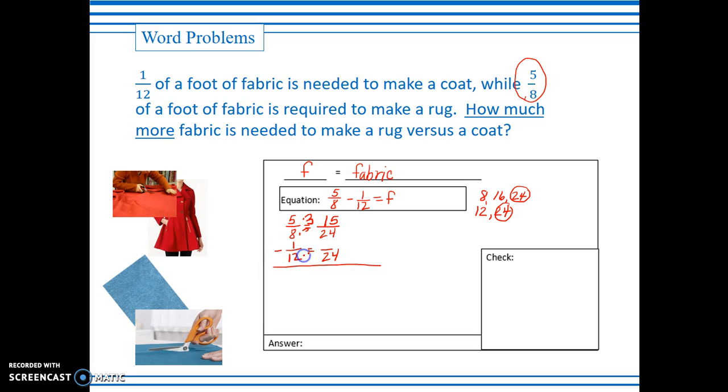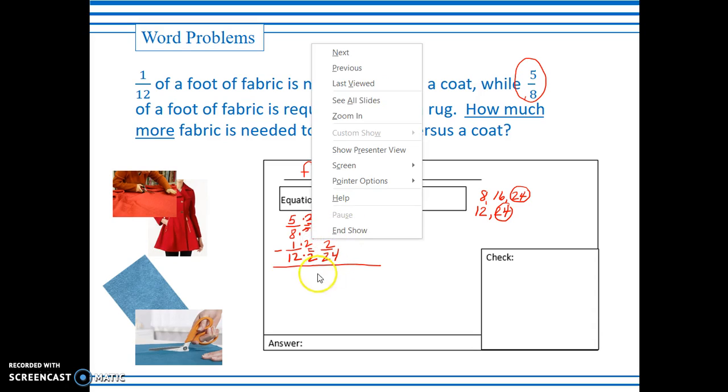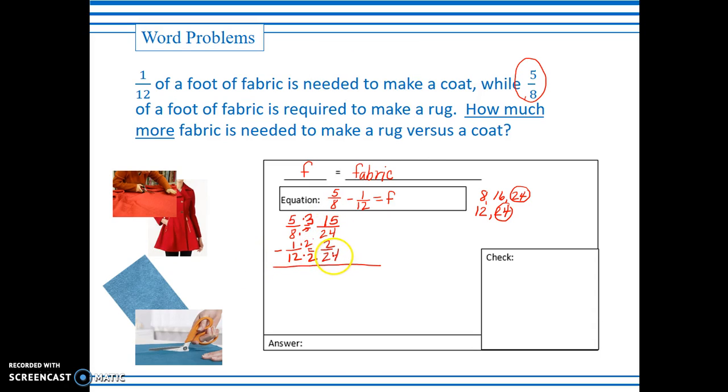And now we have 12 times 2, because that gets us to 24, and 1 times 2 would be 2. So now if we subtract, we have 15 24ths minus 2 24ths. So that's 13 24ths. 13 is prime. So if I'm looking to reduce, unless 13 goes into 24, I'm already in lowest terms. So since it doesn't, 13 and 13 make 26, this is my answer.